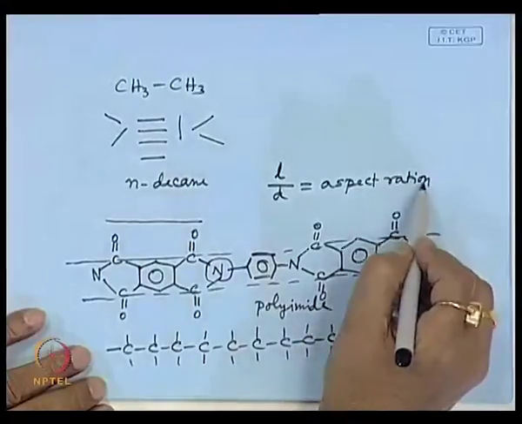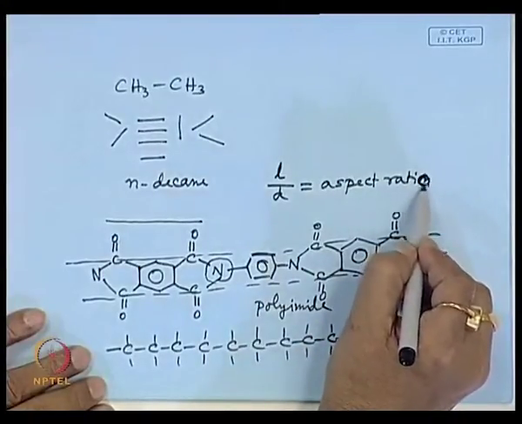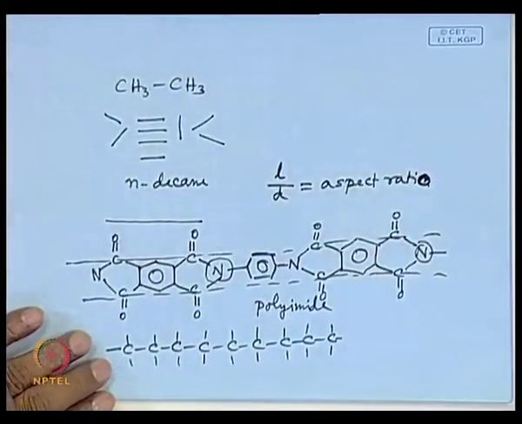Higher the aspect ratio, better will be the polymer for making molecular level composites. You know, in fiber reinforced composites we can get very strong and durable composites provided we have long fibers with small diameter, so that we can get high interface area.